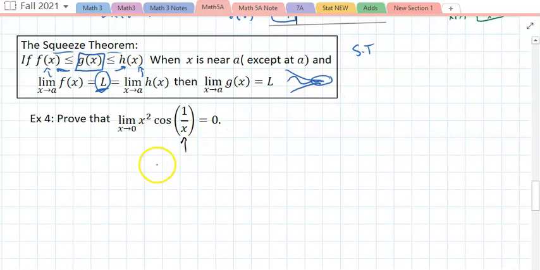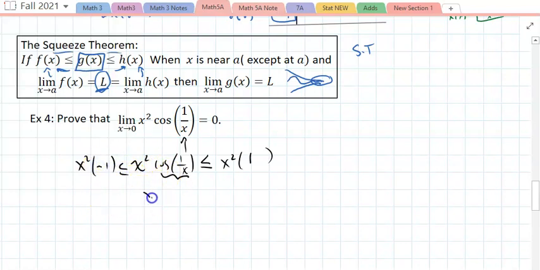So we say look at x squared cosine of 1 over x. What's the biggest this cosine could ever be? Isn't that a 1? What's the smallest that cosine could ever be?